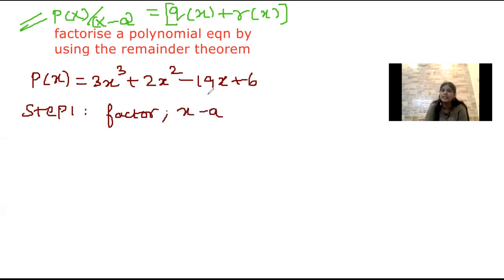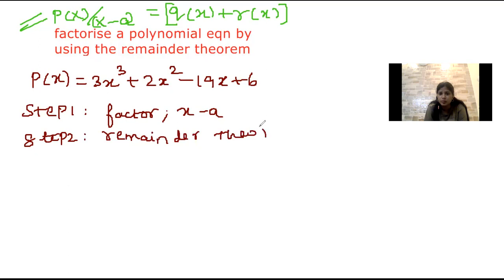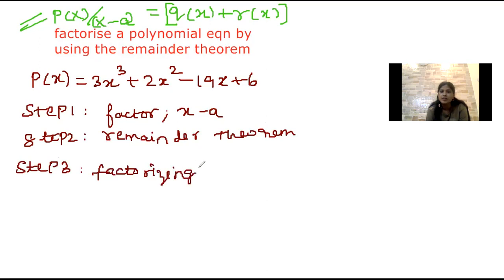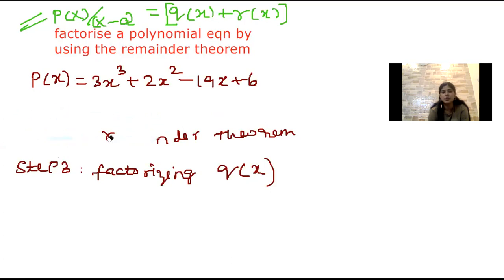You need to find the x minus a. And then in step 2, you're going to apply the remainder theorem. Ignore my handwriting. Step 2 is the remainder theorem. Step 3 is factorizing the quadratic equation, or else factorizing the Q of x. So these 3 steps we're going to perform today for finding the solution of this P of x.